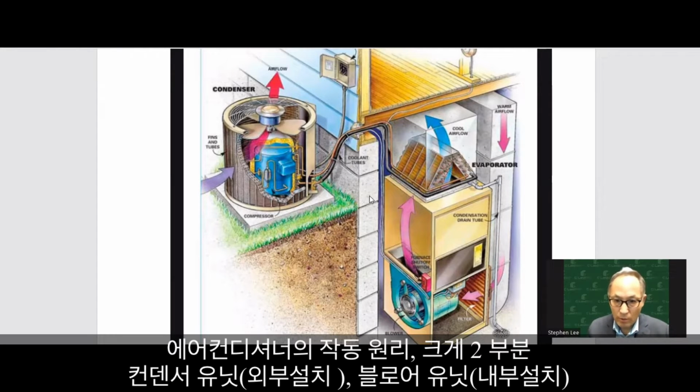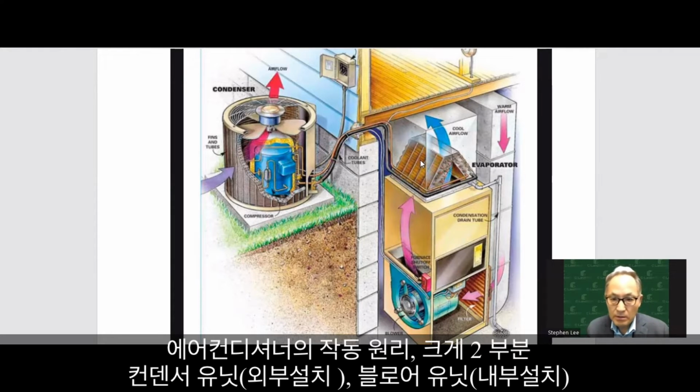That's how it works. And again, the refrigerant comes back to the condenser unit and is compressed again, and then it feeds back to the evaporator unit. We'll see how it actually works.